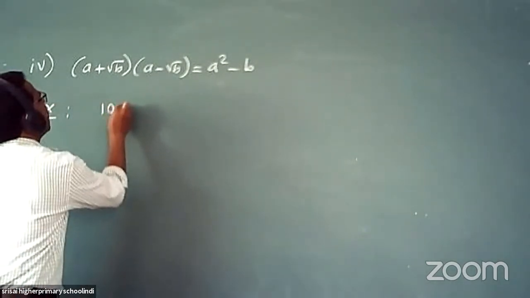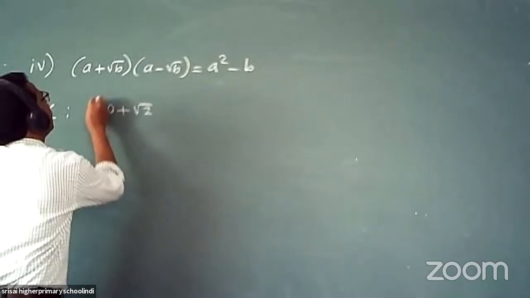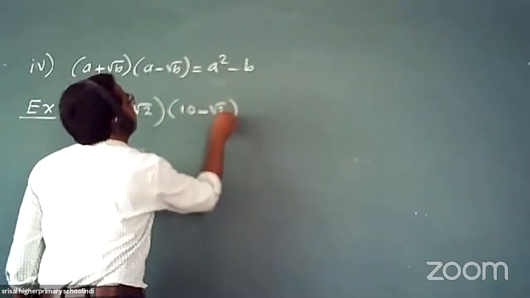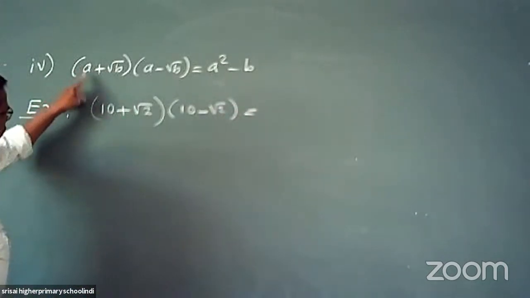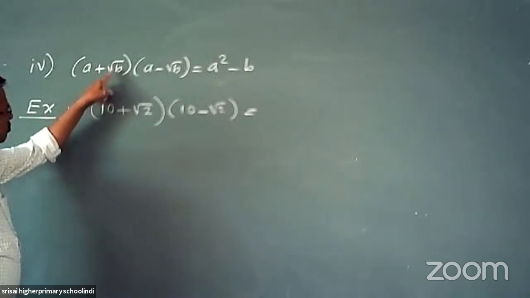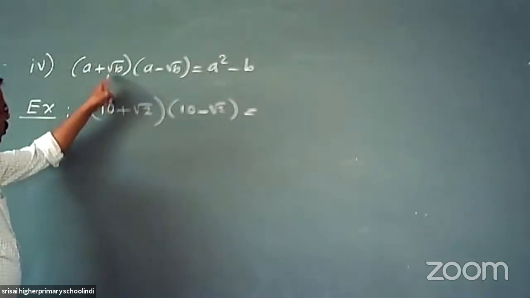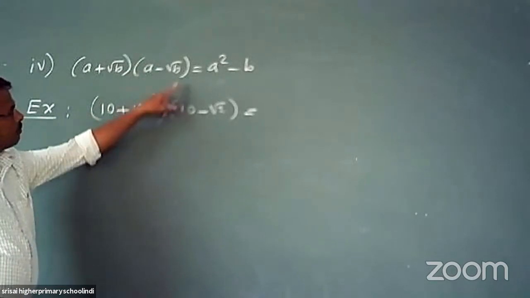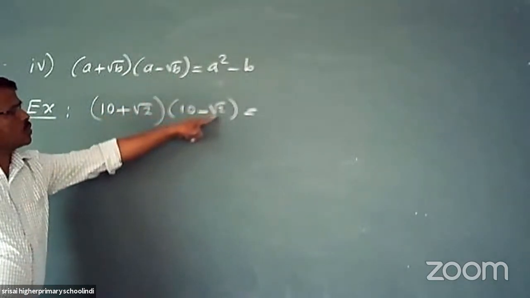Say 10 plus square root of 2, another bracket 10 minus square root of 2. A value is 10, B value is 2.